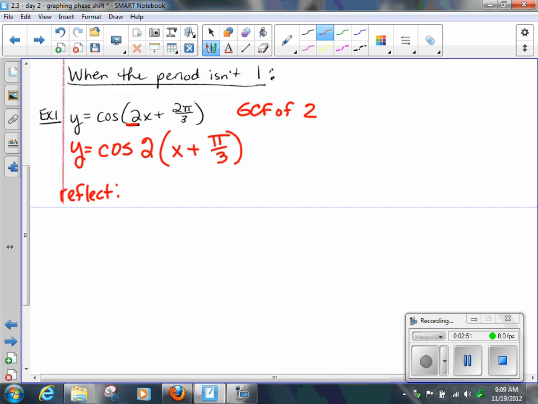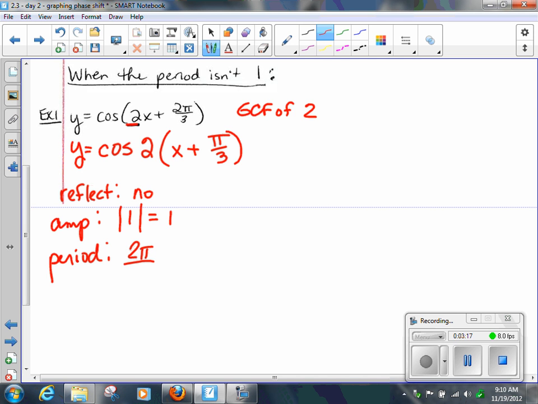Is this going to reflect? No. What's the amplitude, and where do I find it? In front of the cosine, it's a 1, so the amplitude is the absolute value of 1. Period. The period is always 2 pi over what? Usually it's the number directly in front of the x.